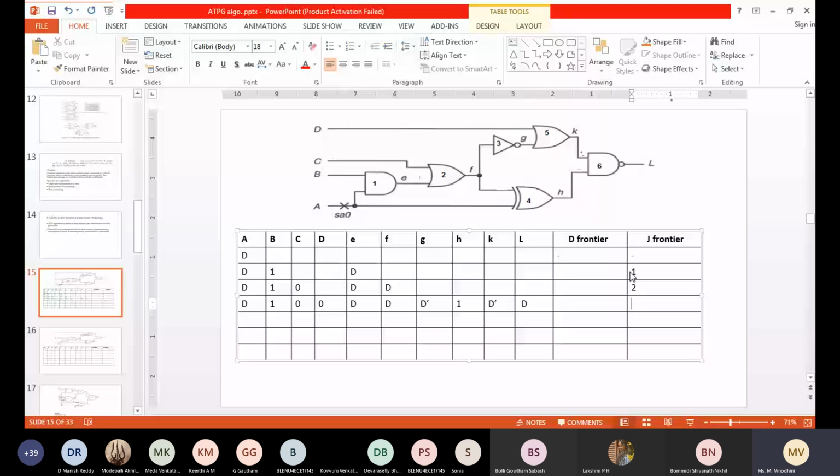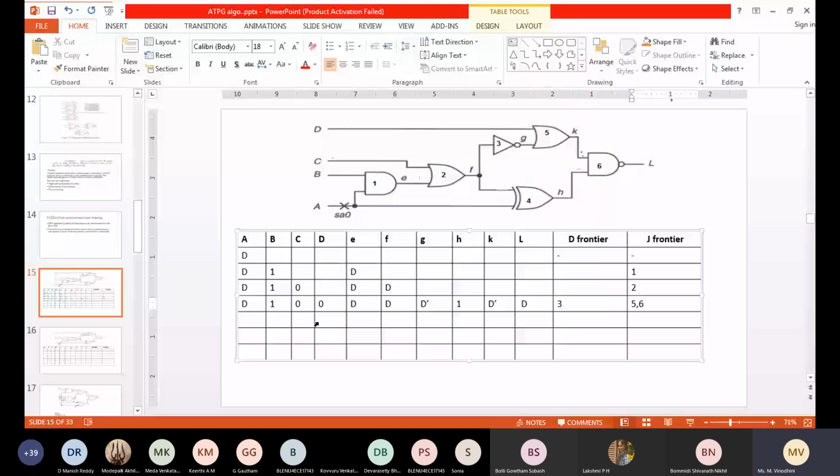I know F, I calculated what is G, so this would come in D. We can consider this a NOT gate. And I know G, I know K, and I calculated D in the same step, so this 5 will come here. And K to L I moved, so 6 also will come here.